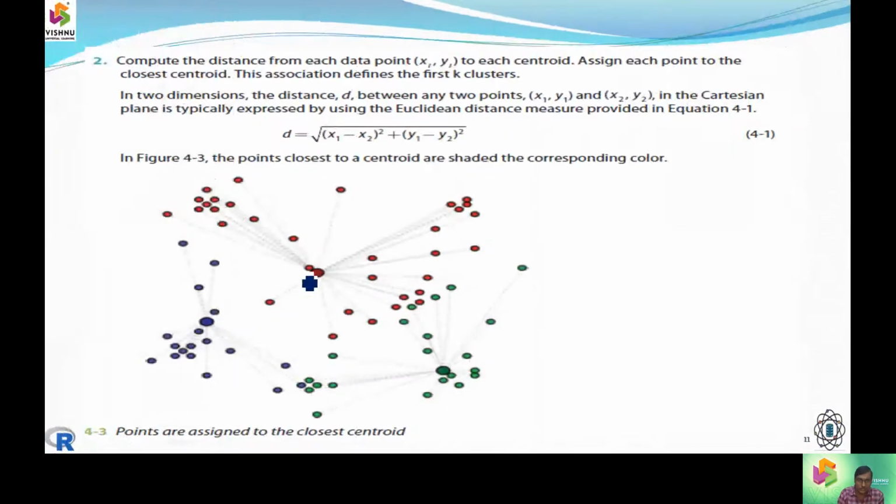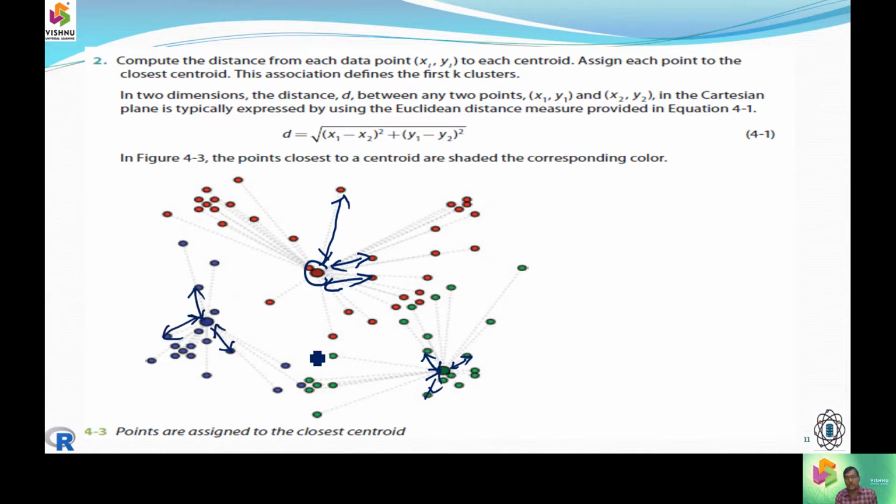Next thing is, from each centroid, I will calculate the distance. I'm taking the centroid, and I'm going to measure how far the distance is between these objects.